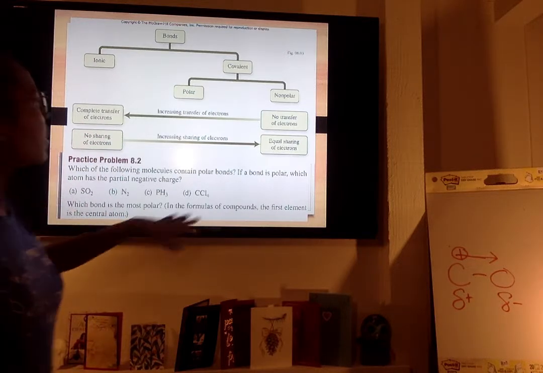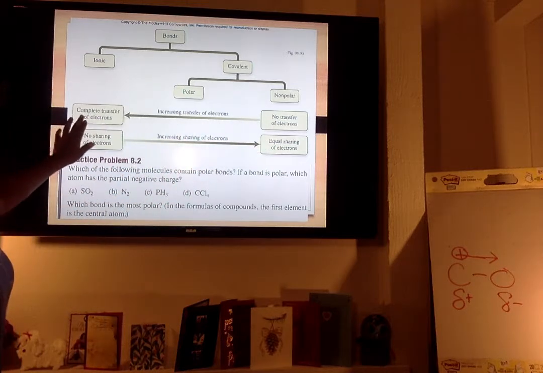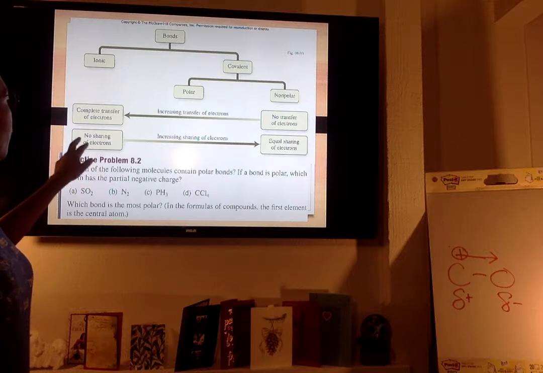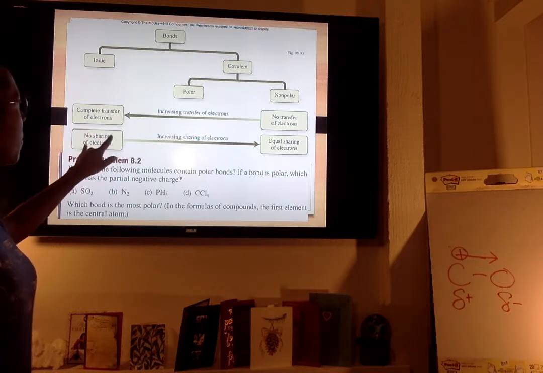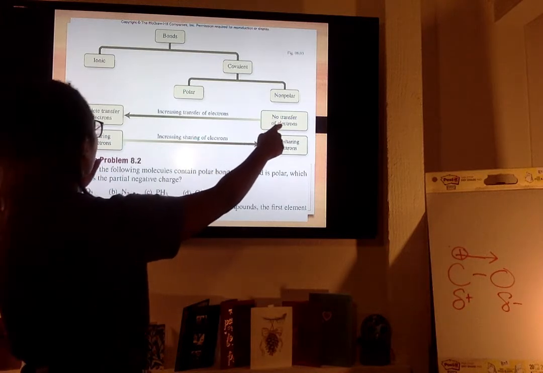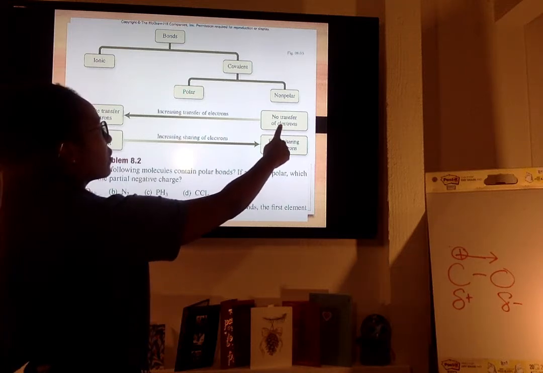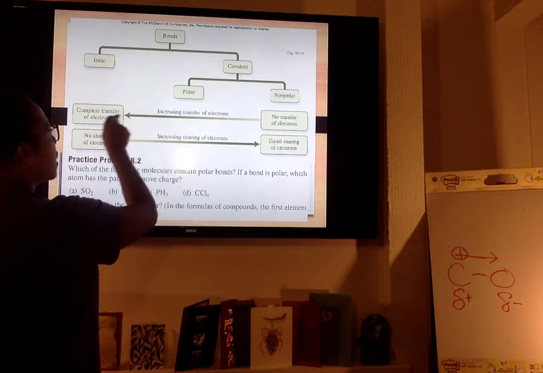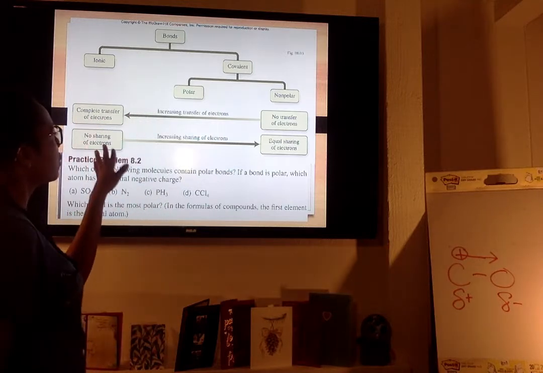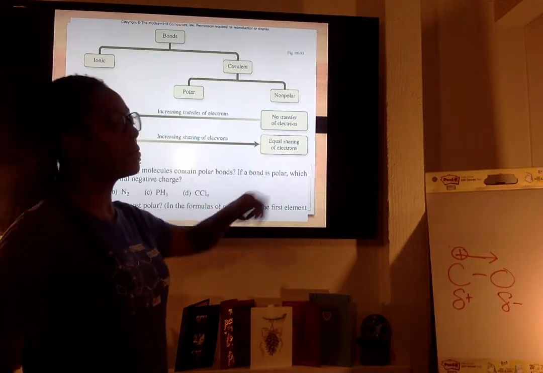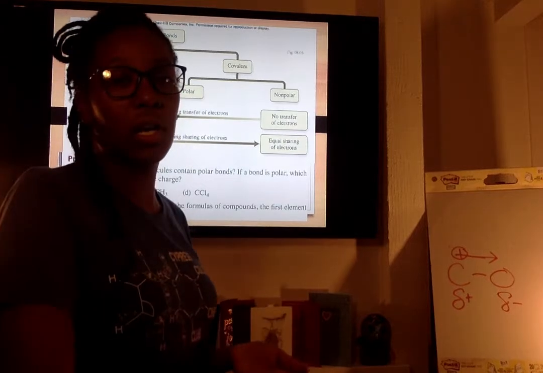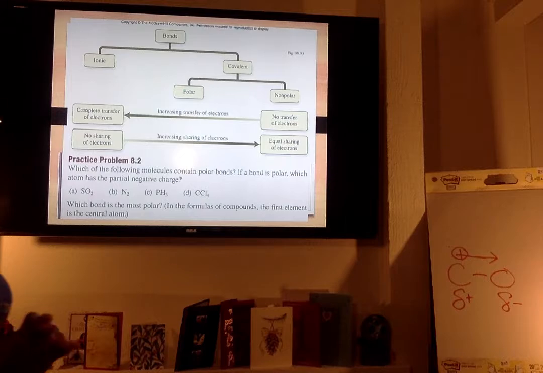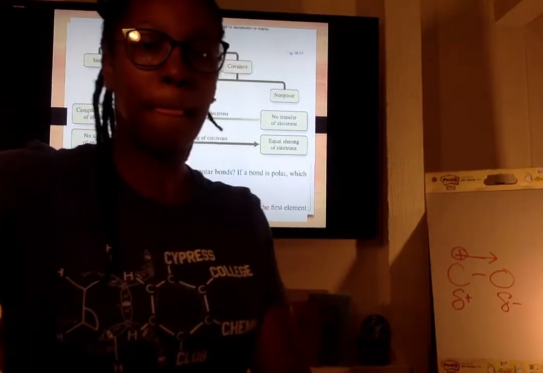And then with no sharing of electrons, that's where they start. You're not transferring anything, you're not sharing anything. But then as you're increasing your transfer, you're going to a complete transfer. And as you're increasing your sharing, you're going to an equal sharing or an unequal sharing, but some sort of sharing. Okay, so let's go ahead and do these problems.